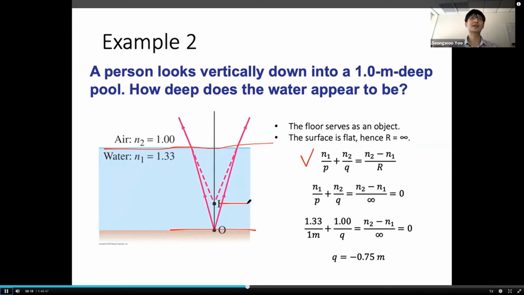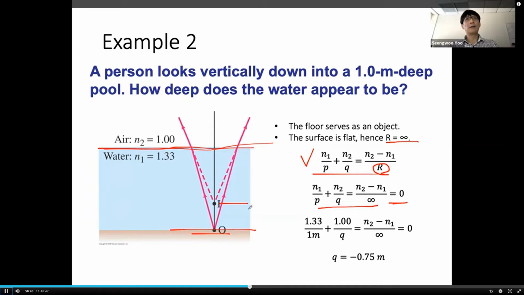Its apparent image appears above the actual floor. We can actually confirm this by solving this equation. Because we consider a flat surface, the radius of curvature goes to infinity. Then this equation simplifies to this, all right?